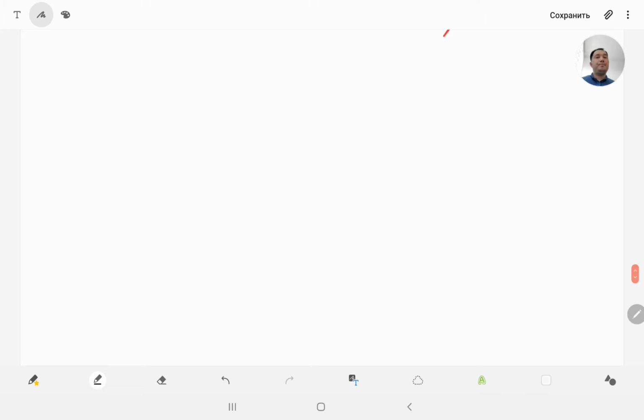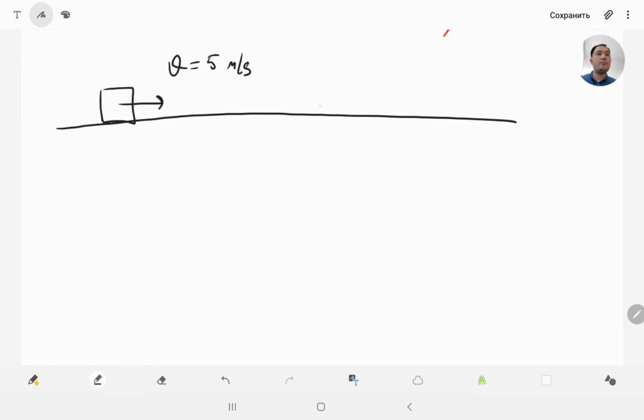Another example, an object moving with velocity v, let's say 5 meters per second, and here we have a rough surface. Rough means friction.